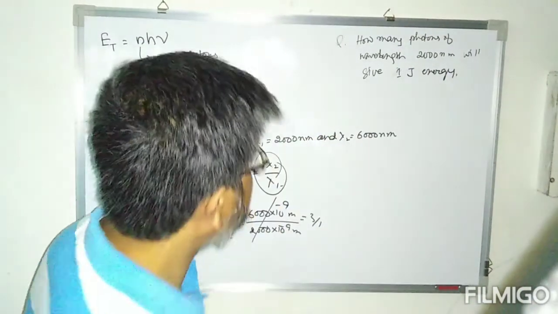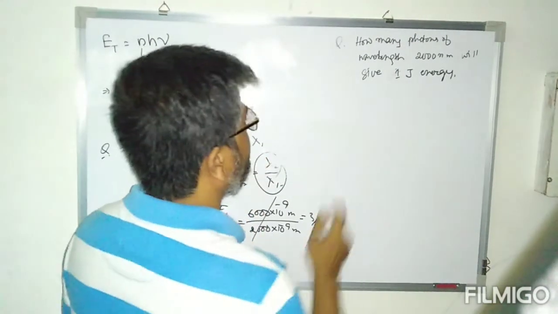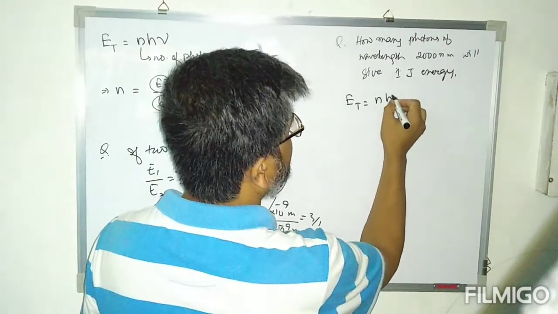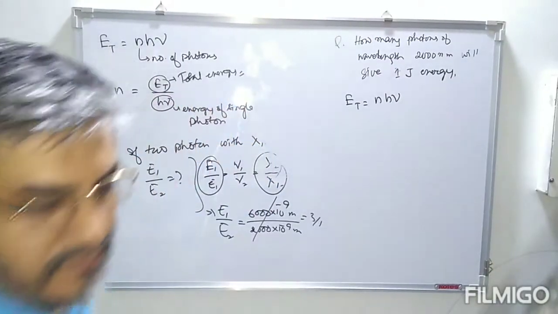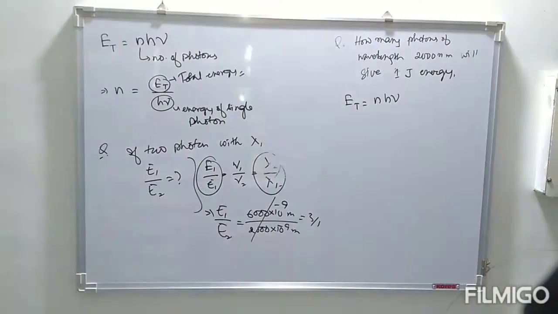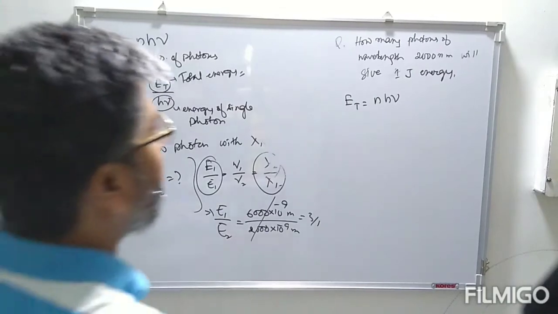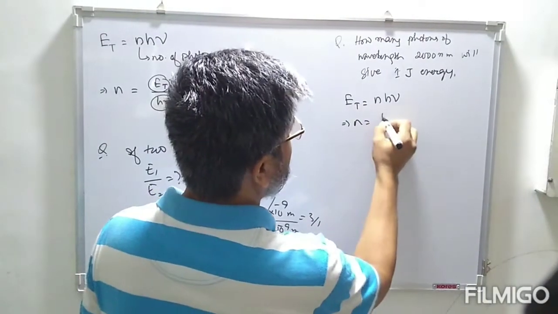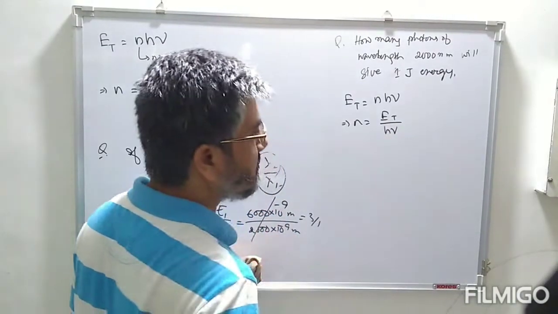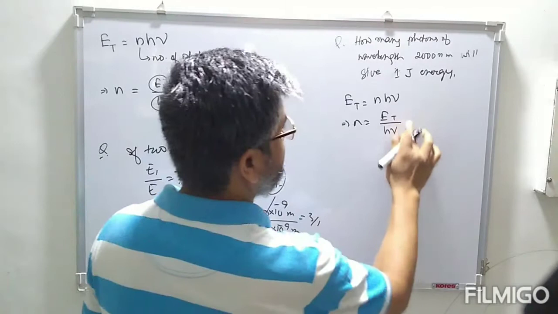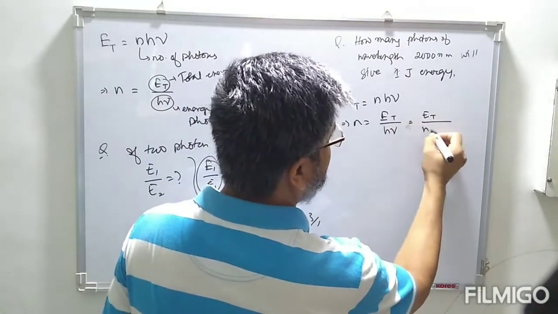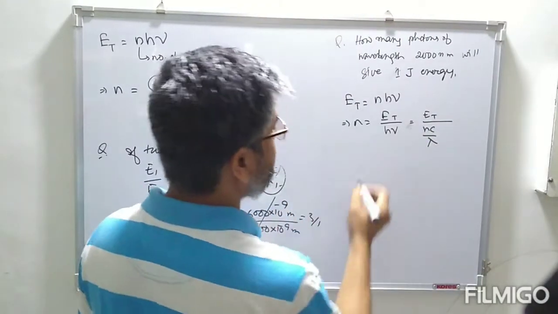So we have this relationship. Total energy is equal to N into energy of single photon. So N is equal to total energy by energy of single photon. So this is E total by h c by lambda.